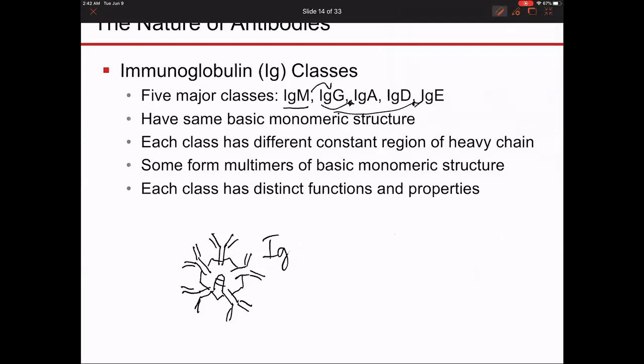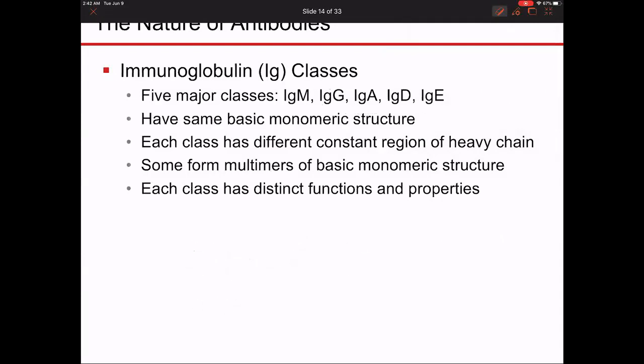Let's now talk about IgA right here. IgA is an antibody that can be monomeric, just one molecule, or dimeric, 2 of them.